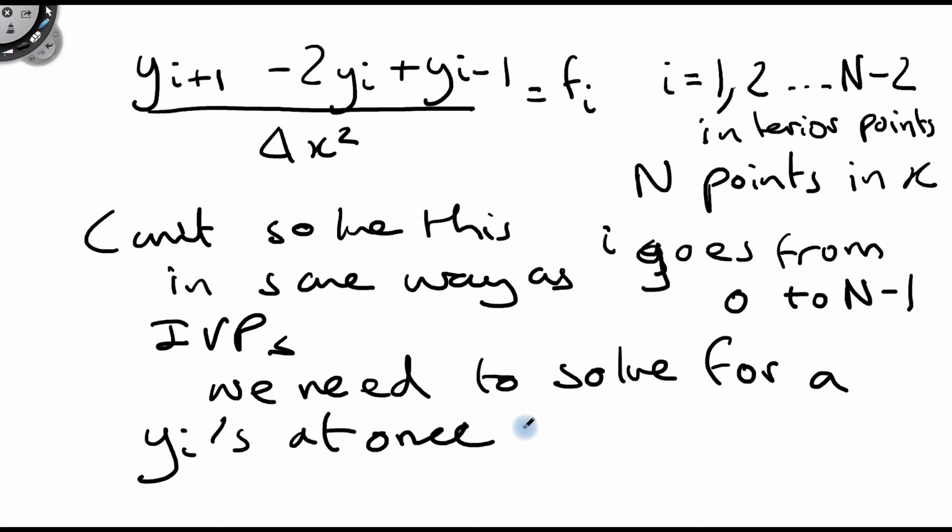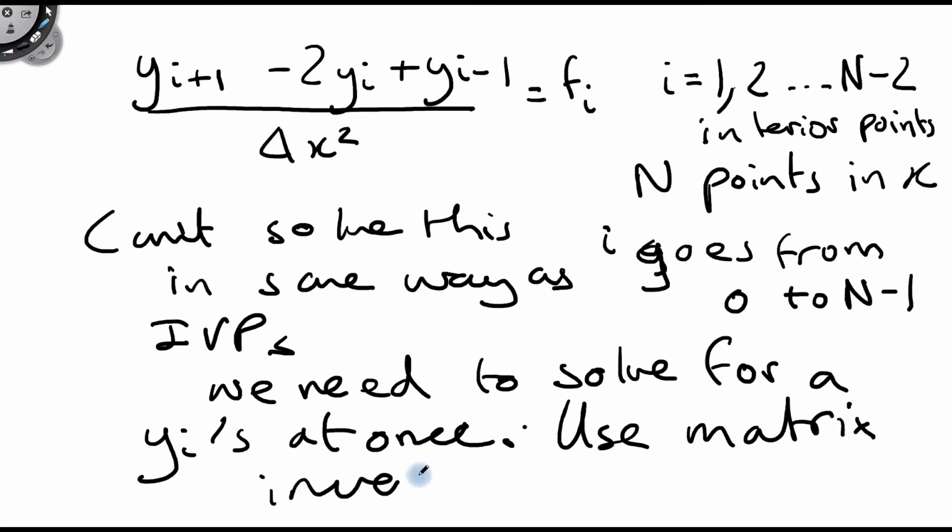And the way to do that is we're going to use matrix inversion. We want to know the values of y at any time. We can't just step it forward, it doesn't work. You can try doing it like that, but the reason it doesn't work is because you've got two boundary conditions. If you started at y is 0 and tried to step this forward, you get to the other boundary and you've got the other boundary condition that you've got to satisfy. So it won't work.